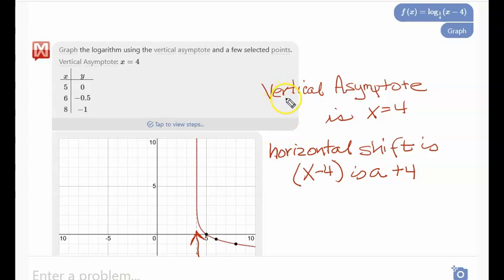So our new vertical asymptote, where it was primarily before x equals 0, with the shift, the asymptote now is x equals 4, which is right there. And it goes through y being 0 here at x is 5. That is that horizontal shift, and there's the graph. Okay. I'm going to do a couple of these to give you that background.